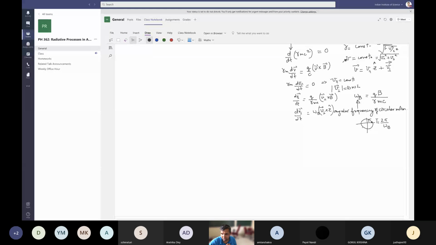This is called a Larmor orbit, the circular orbit around a constant magnetic field, and this is called the gyro frequency. It is called gyro because it's gyrating. Cyclotron gyro frequency.